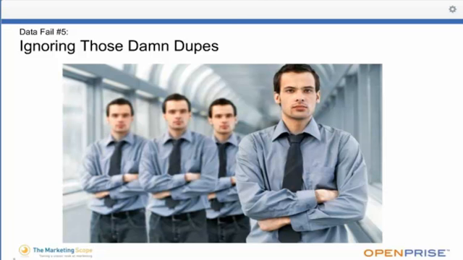And it also means that you're really not going to be able to do an accurate job of attribution. There are a lot of companies out there that spend a lot of money on attribution tools to identify which campaigns are working and which ones aren't. And the reality is all those implementations are sabotaged if you've got duplicate leads and duplicate contacts. Those products simply can't work if you've got a lot of dupes.